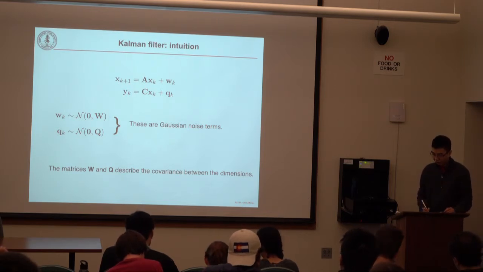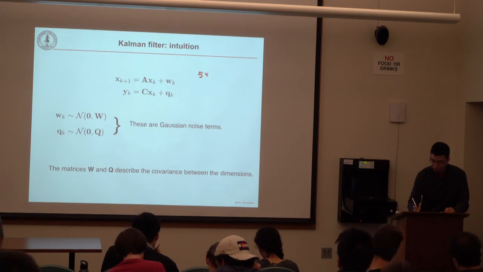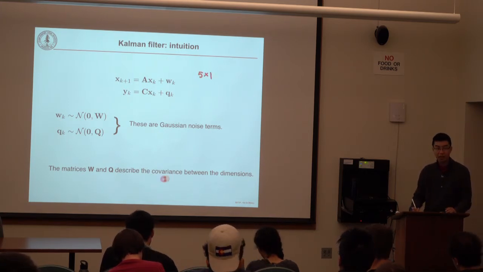They inherently describe how the different dimensions covary with each other. For W_k, which is 5 by 1, it has 5 dimensions.